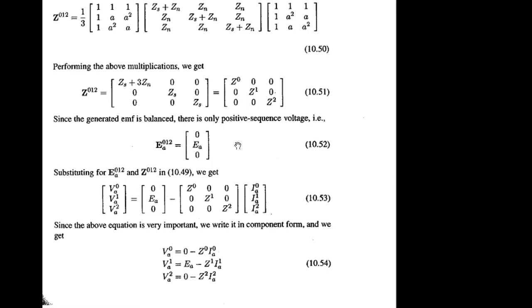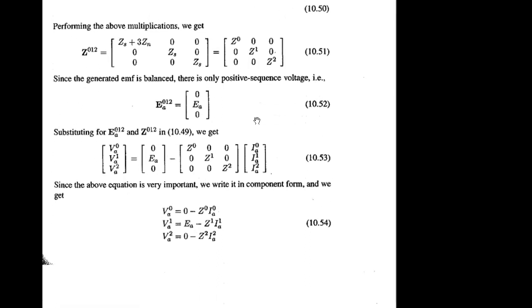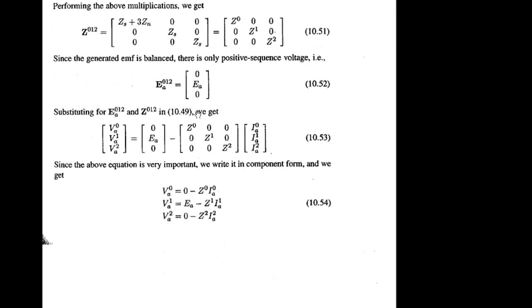That solution is only the positive sequence solution, but you have not solved the negative or zero sequence. So from now on, you have to include the other two, zero and negative sequence, without having the source information.